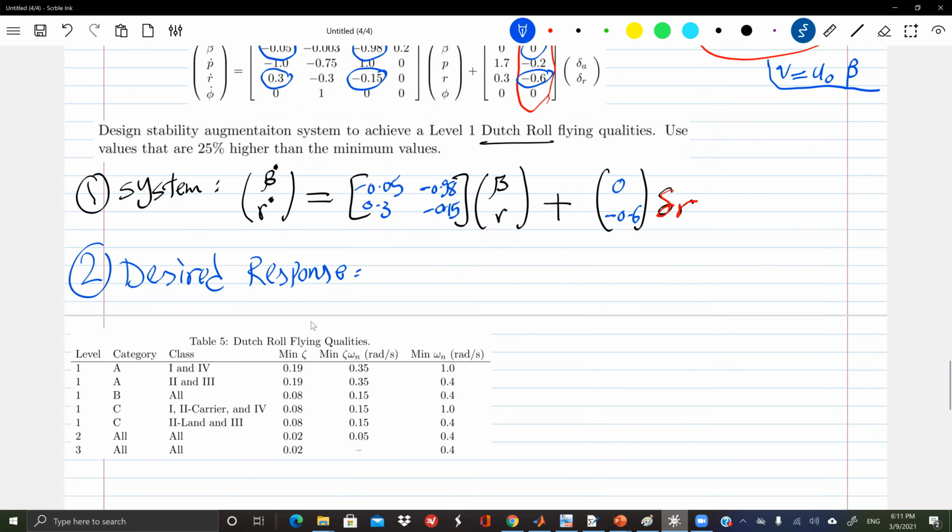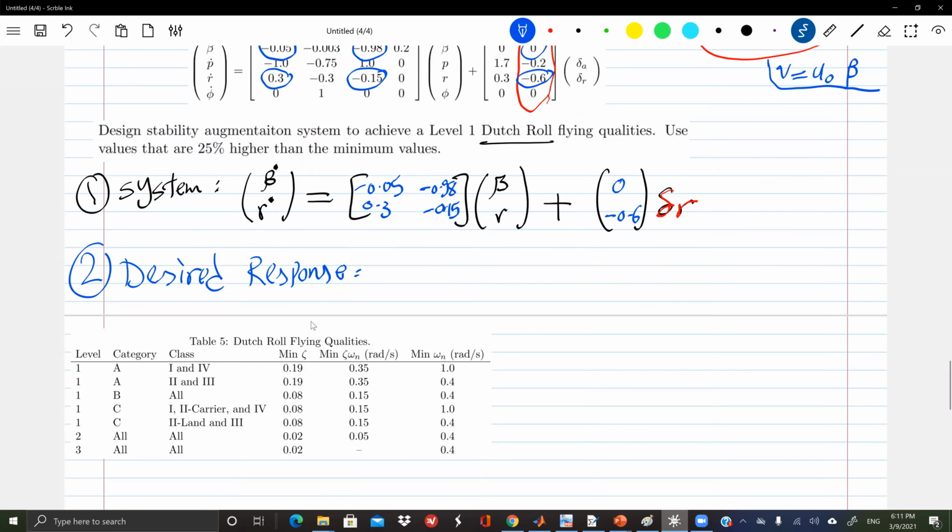So let's do that. I'm going to copy my A matrix. So my A closed loop is equal to, here is my A matrix, minus BK. I'm going to copy my B. Here is my B.